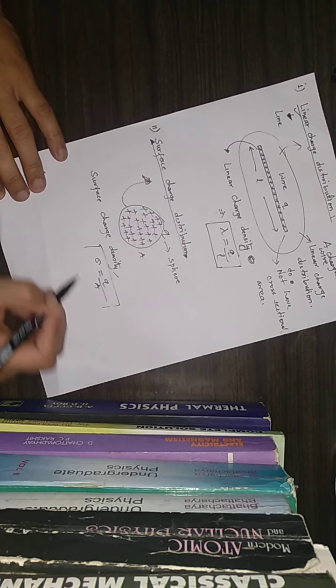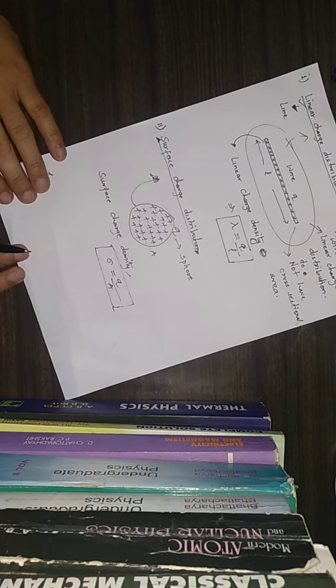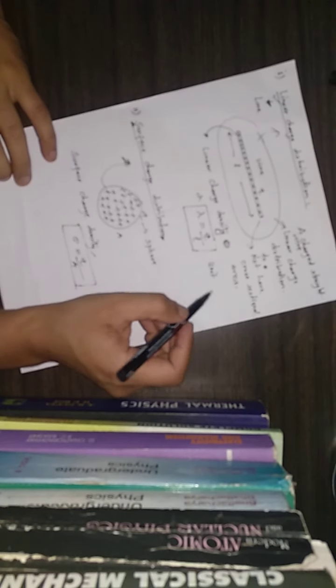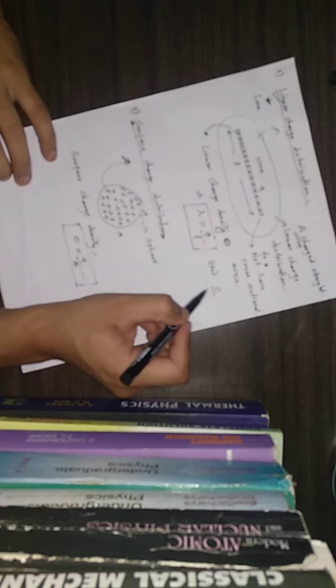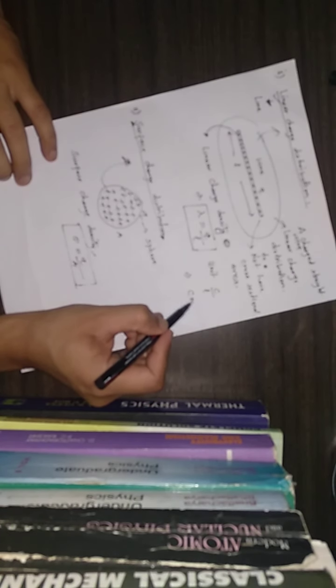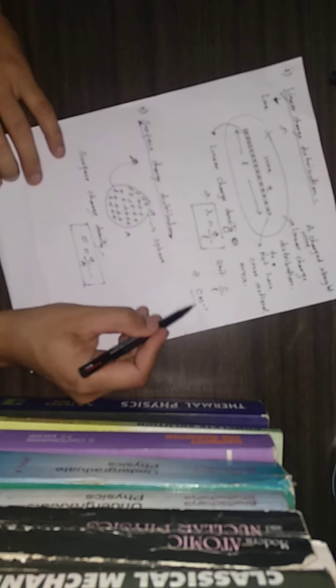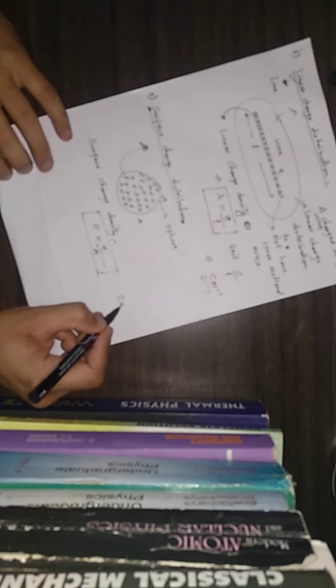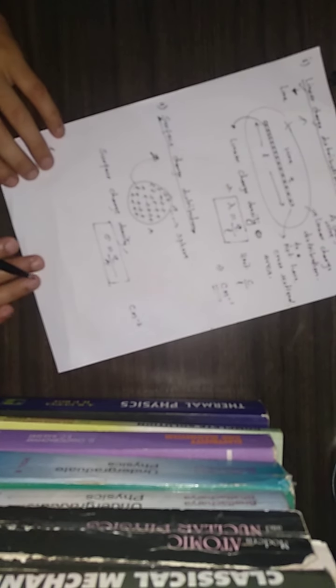The unit of linear charge density is Coulomb divided by length, length is in meter, so Coulomb meter inverse. Similarly, the unit of surface charge density will be Coulomb meter inverse 2.